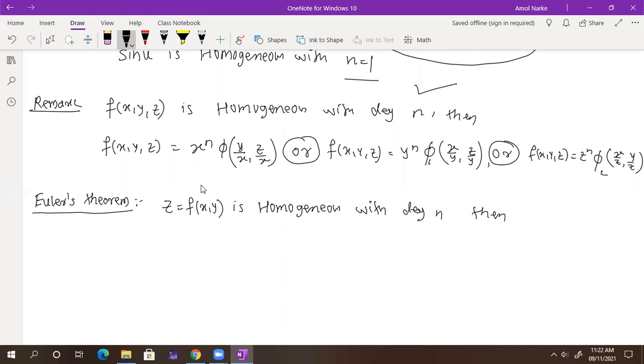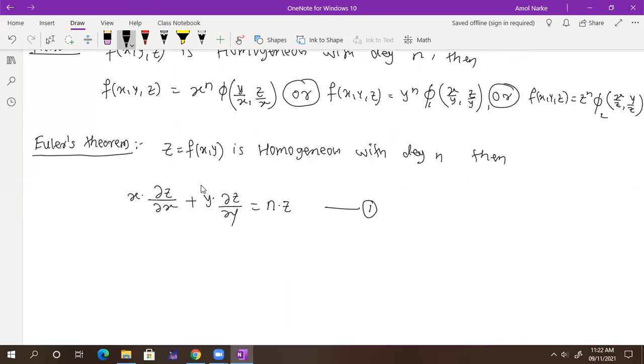Then x into ∂z/∂x plus y into ∂z/∂y, the value of this operator, which is called the differential operator, is equal to n into z. That is the first statement.